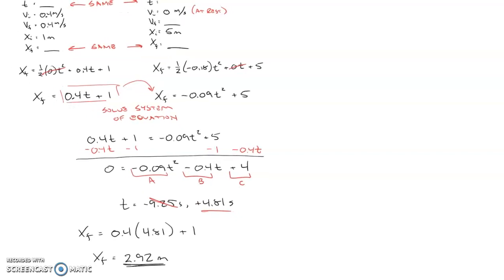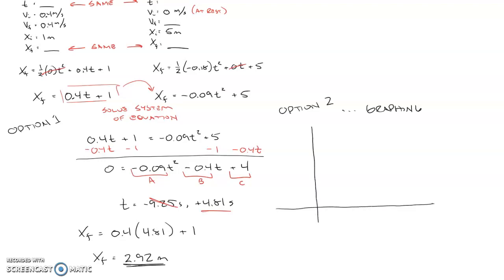Now I want to show you a second way. So we're going to call this option 1 as a way to solve. Option 2 would be to graph it. And what we know about position functions and our position-time graph, we can plot these two.